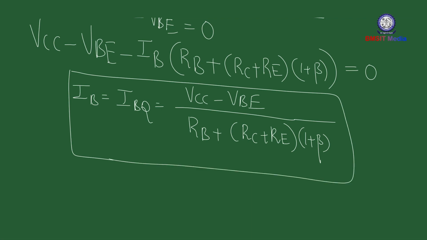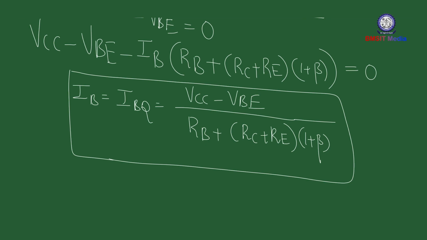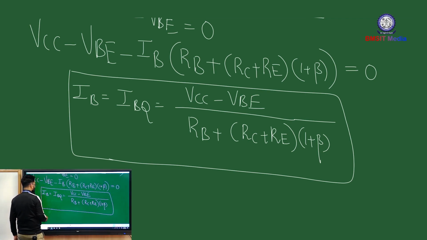Okay, if you compare it with emitter bias circuit, what you understand is that there is a reflection of collector resistance coming into the picture. On the other hand, in case of emitter bias, the collector resistor was not appearing in the base current equation. Here the collector resistor is appearing in the base current equation. Okay, once you have the base current in place, you will be able to find the collector current.